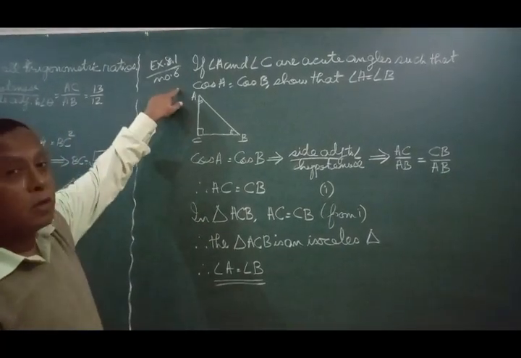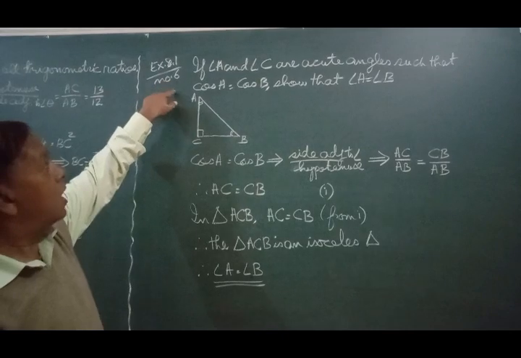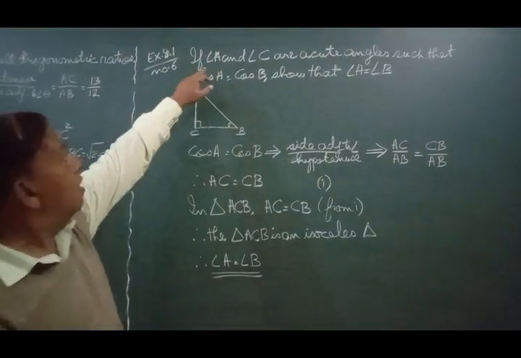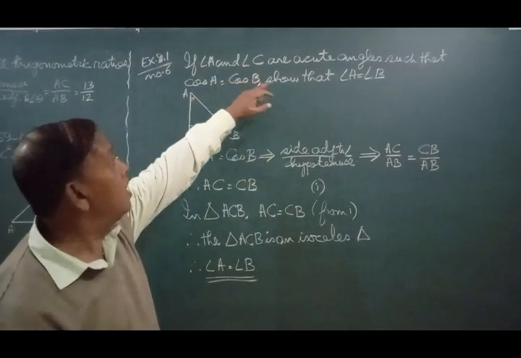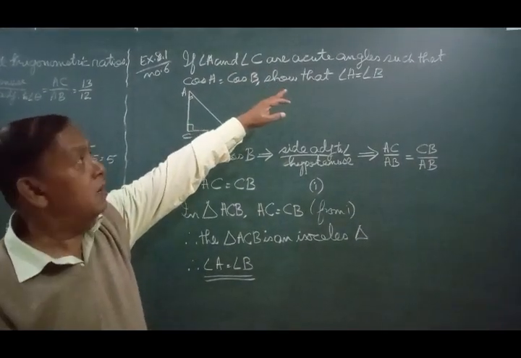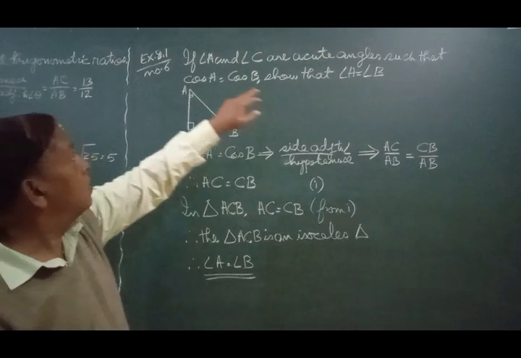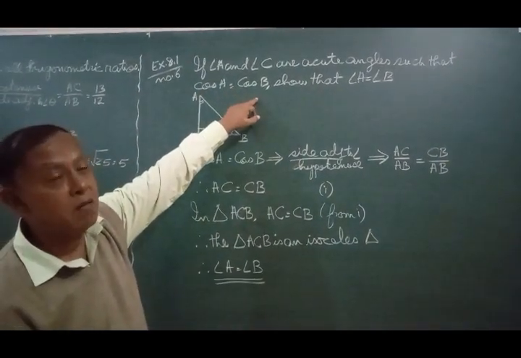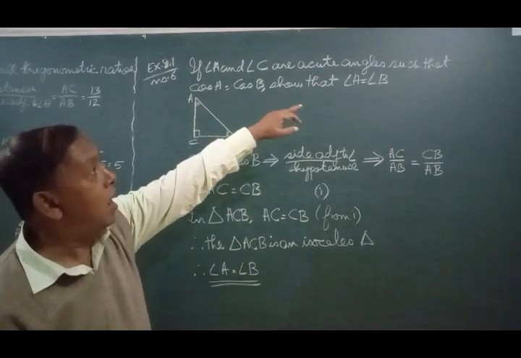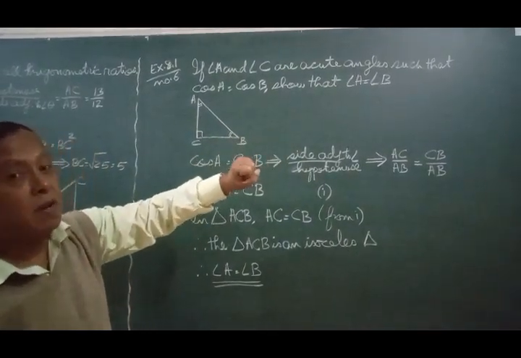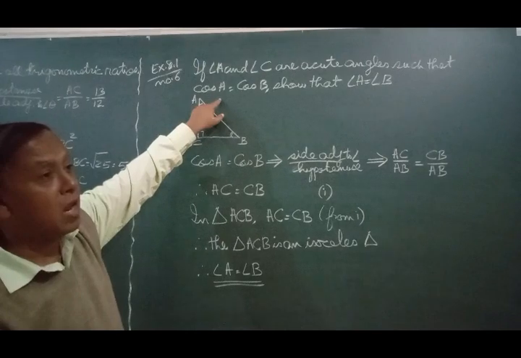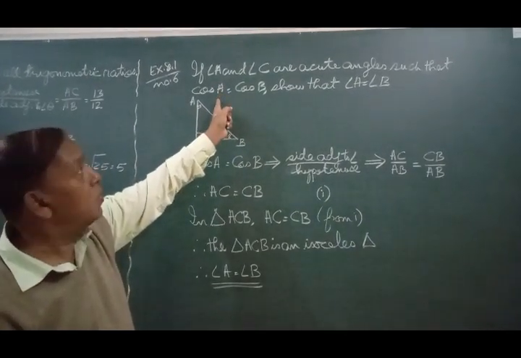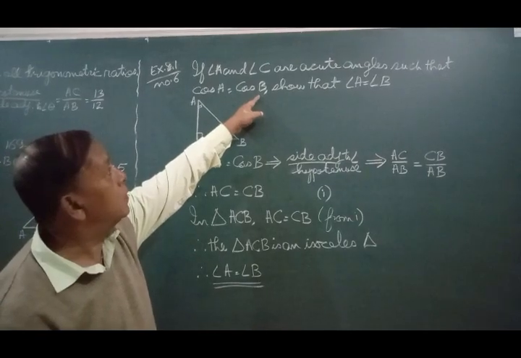We now have question number 6 of exercise 8.1. A little different. Angle A and angle B are acute angles such that cos A is equal to cos B. Show that angle A is equal to angle B. Now the moment you say cos A and cos B, immediately you understand this is acute and this is also acute.